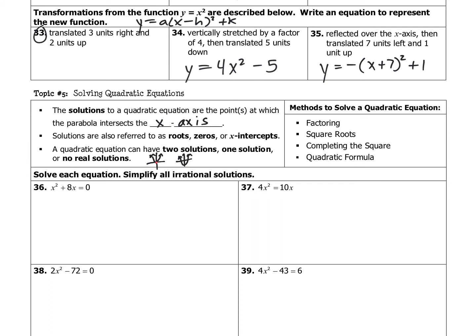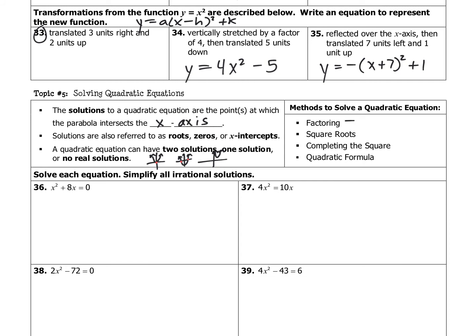Okay, so here we have 1. Here we have 2. And then there's also a scenario where maybe our quadratic is just floating around in space somewhere, like out here, and it never crosses the x-axis. That's also possible. So we're going to use our different methods that are listed over here. We have factoring.